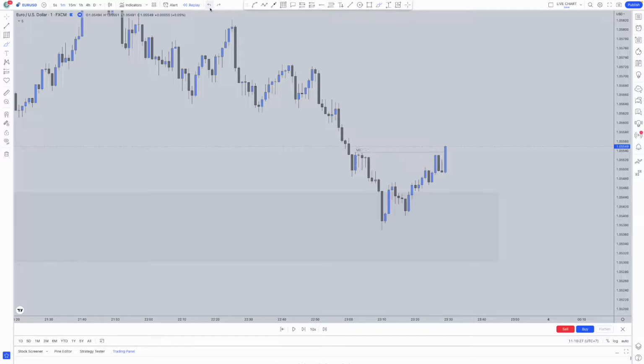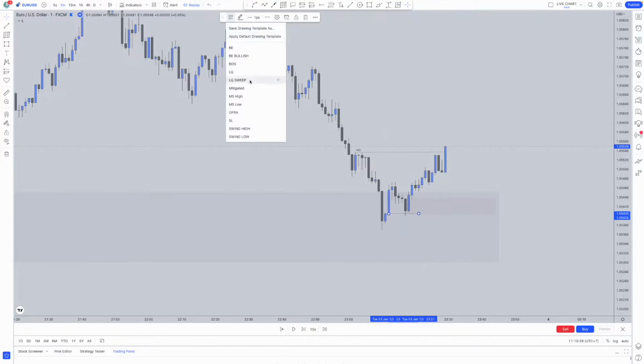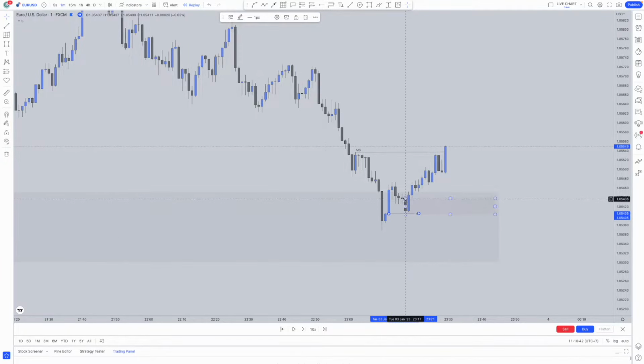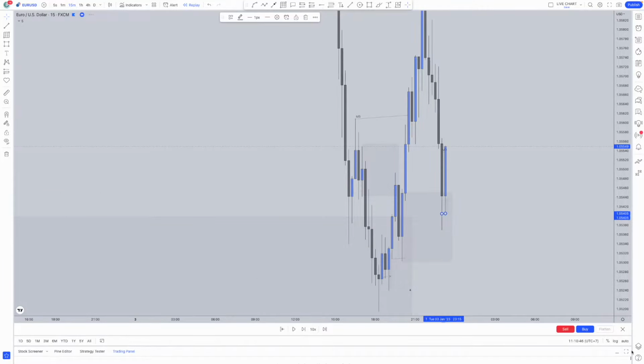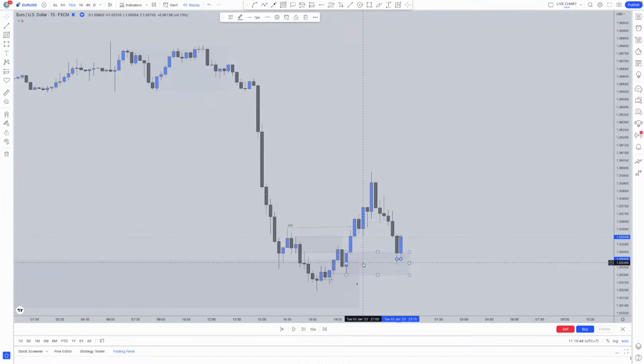Same scenario. What do we want? The POI that sweeps liquidity. This candle here gets swept. And someone said in the comment they look for the sell to buy. Look for the sell to buys that get engulfed on the 15 minute. You don't always get them, but they're higher probability.